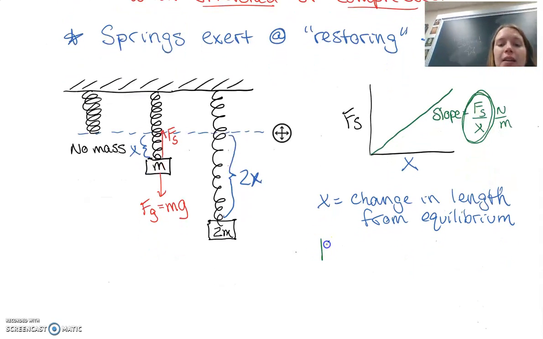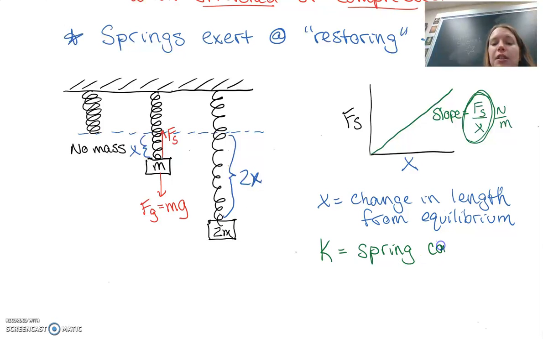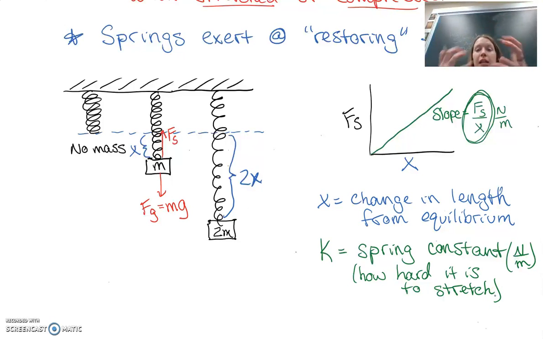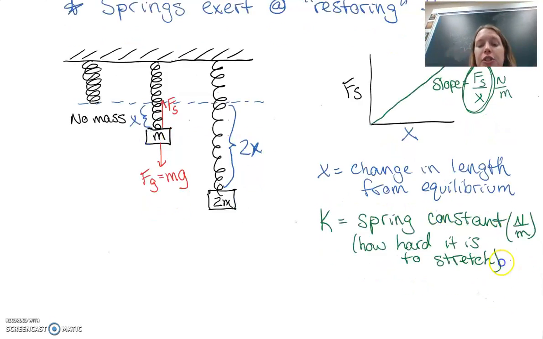So k is the spring constant. It's a lowercase k, if you're interested. It's measured in newtons per meter, and it tells you how hard it is to stretch. So more newtons to stretch 1 meter means it's a stiff spring. It takes a lot to stretch it.